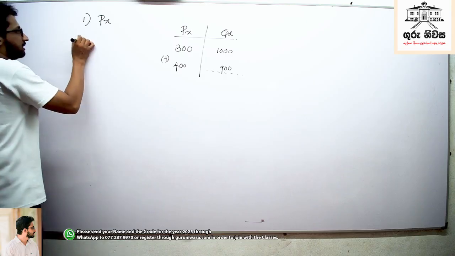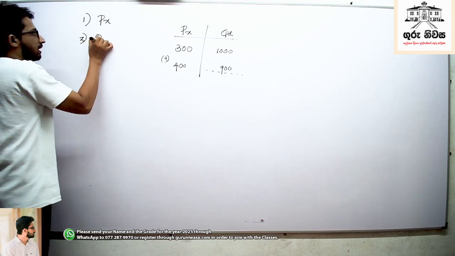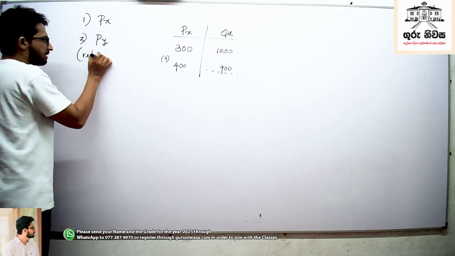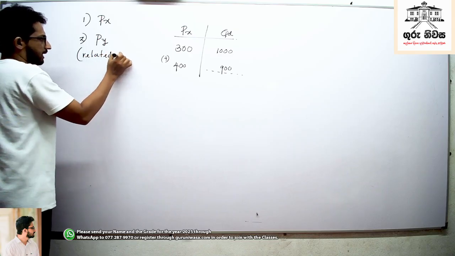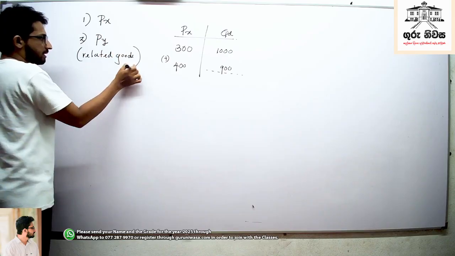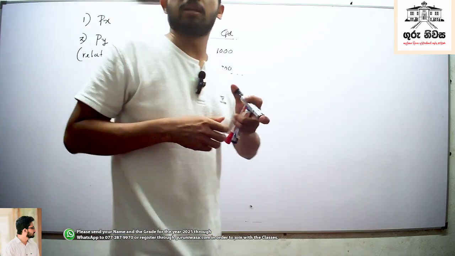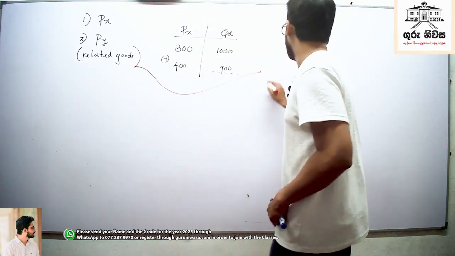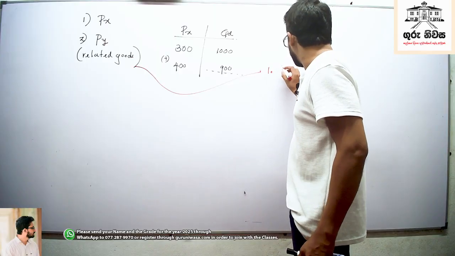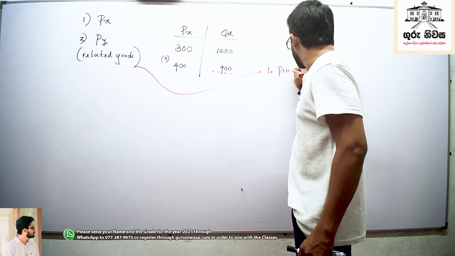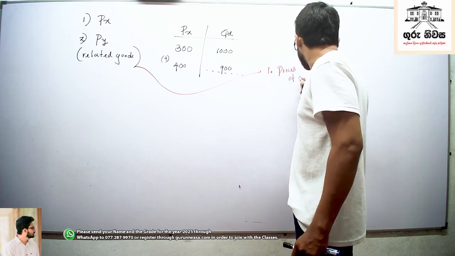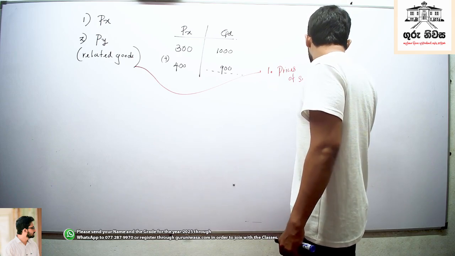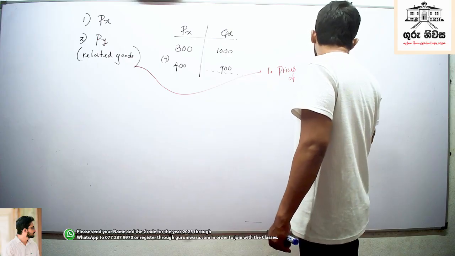Then the second factor is PY. PY means price of related goods, or we can say prices of other goods also. Here related goods has mainly two categories. Number one, prices of substitute goods.